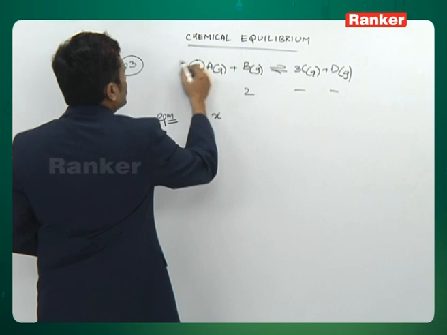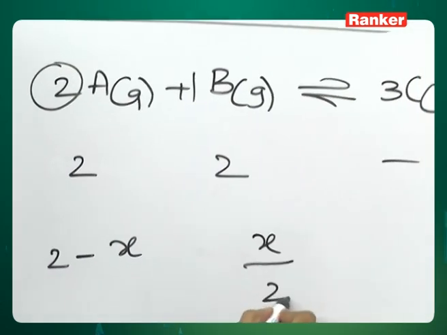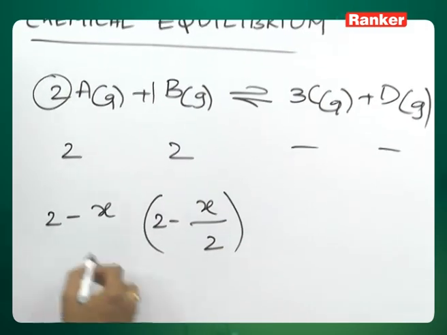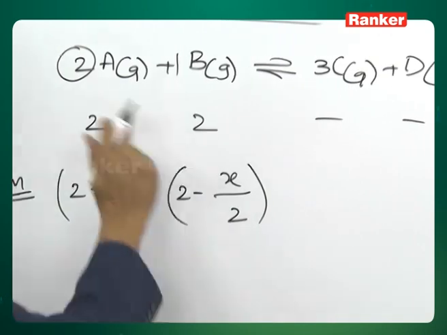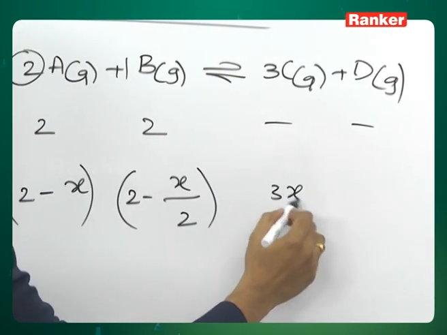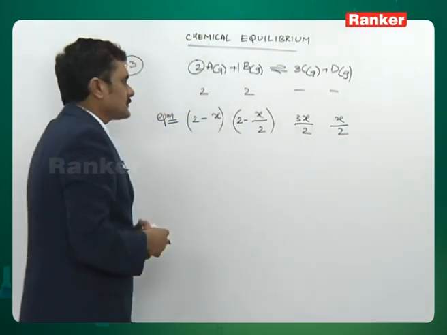For every 2 moles of A, you can see 1 mole of B has reacted. For every x, we can anticipate only x by 2 to react, and the remaining will be 2 minus x by 2. For every 2 moles, we are getting 3 moles. For every x, 3x by 2 moles of C and x by 2 moles of D are to be obtained.